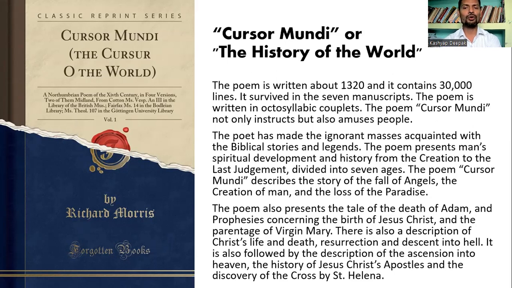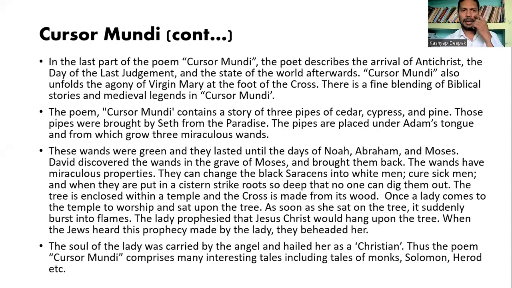It is followed by the description of the ascension into heaven, the history of Jesus Christ's apostles, and the discovery of the cross by Saint Helena. And in the last part of the poem, the poet describes the arrival of the Antichrist, the day of last judgment, and the state of the world afterward.